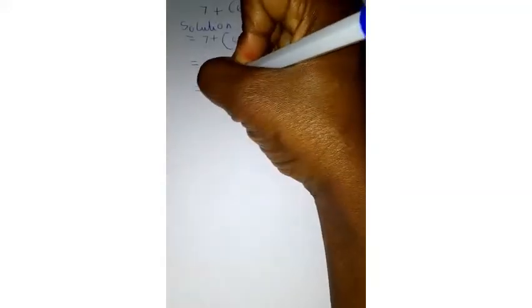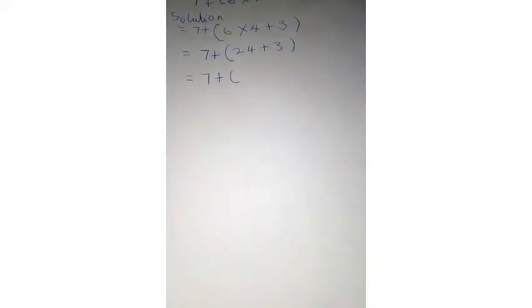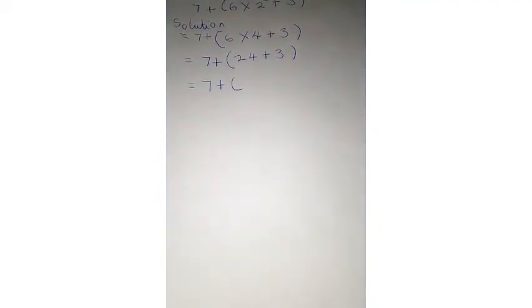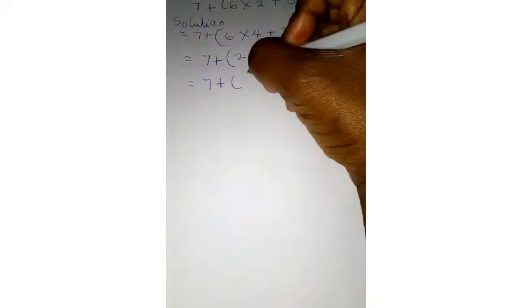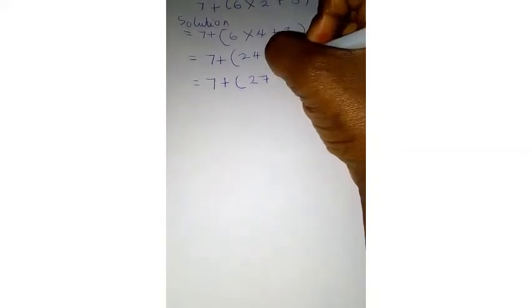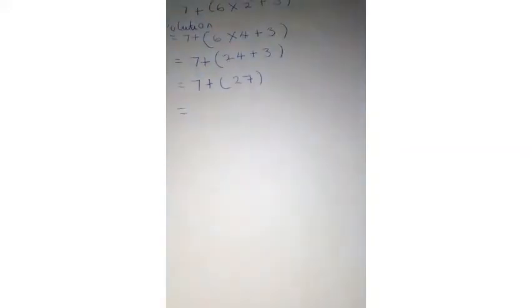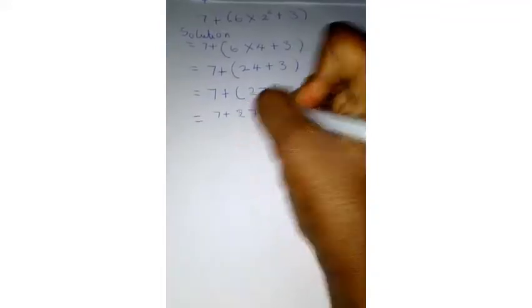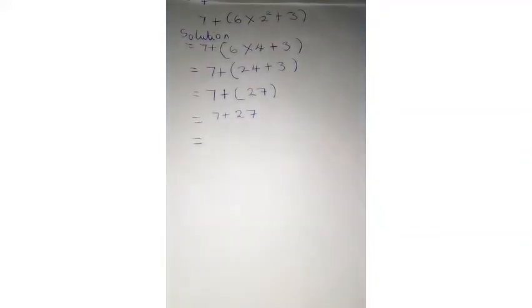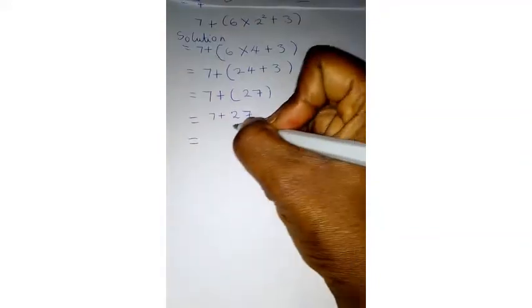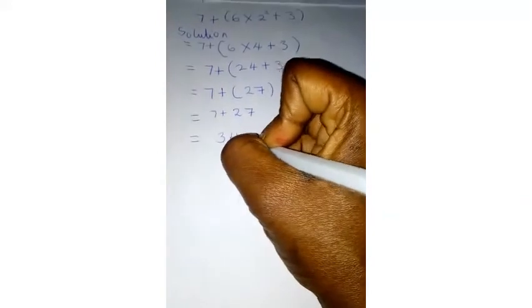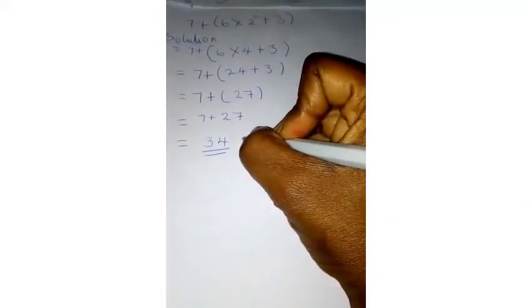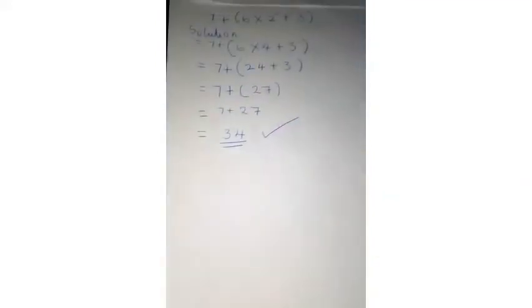Then in the brackets we are left with addition. 24 plus 3 is 27. Now there are no brackets since it's one number. Lastly we solve 7 plus 27, which is equal to 34, and this is our solution.